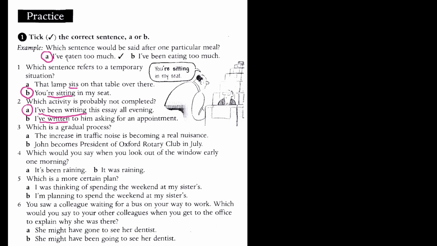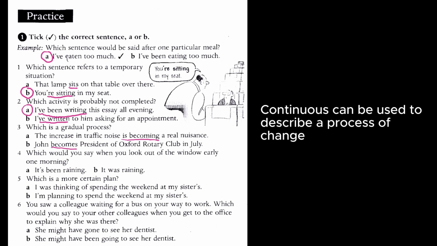Which is a gradual process? The increase in traffic noise is becoming a real nuisance. John becomes president of Oxford Rotary Club in July. The use of the present continuous here indicates a gradual process, whereas the present simple, especially with this time marker, indicates that an action happens from one moment to the next.